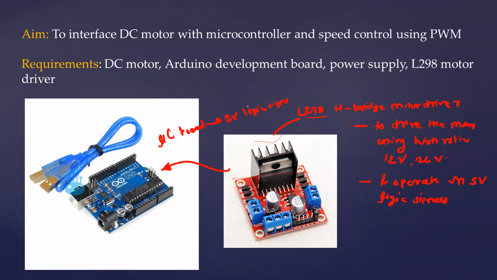So we will see how to generate this 5-volt logic signal and how to interface this L298 motor driver with the Arduino microcontroller. So with the help of this L298 motor driver, we can drive the DC motor. So basically here we can drive 2 DC motors simultaneously, or we can drive 1 stepper motor.